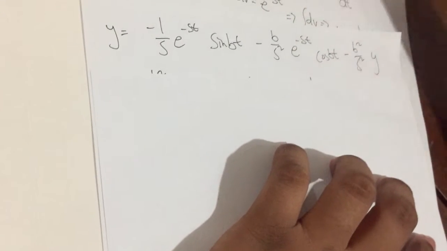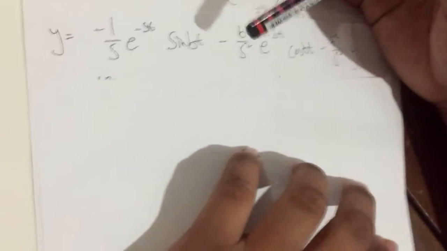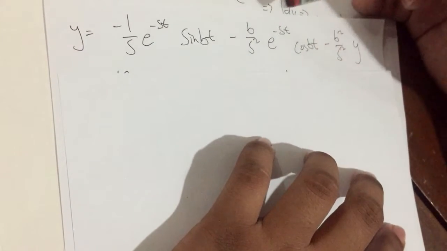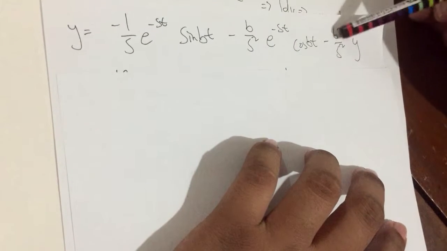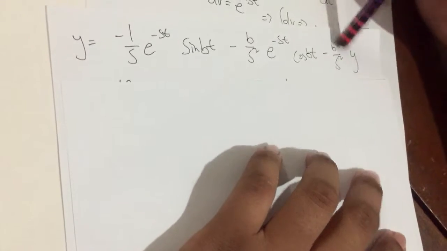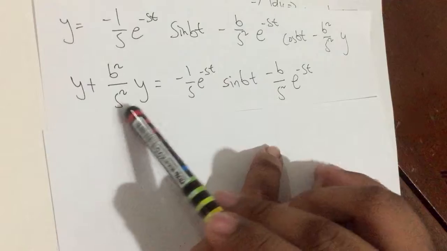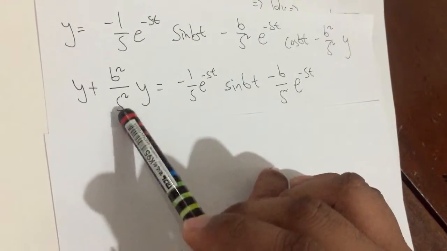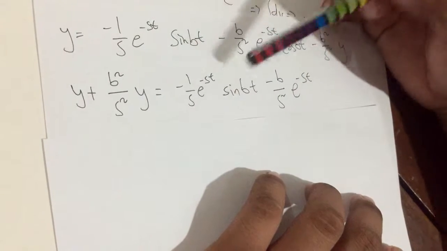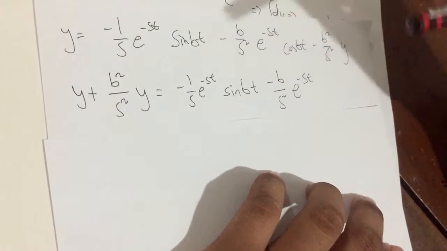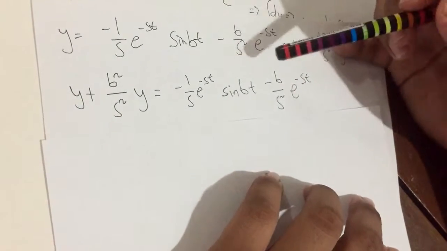So the resulting equation here is: negative 1 over s e to the negative st sine bt minus b over s squared e to the negative st cosine bt minus b squared over s squared y. We transpose this term and the equation will turn to this: y plus b squared over s squared y equals negative 1 over s e to the negative st sine bt minus b over s squared e to the negative st cosine bt.